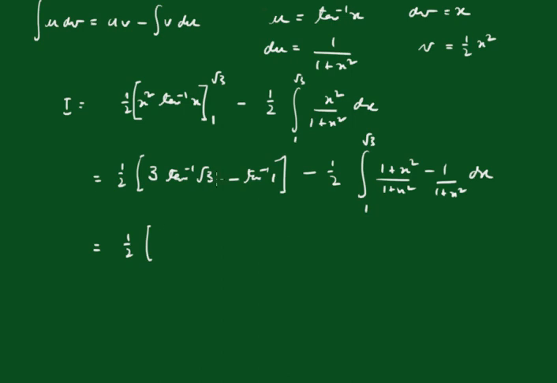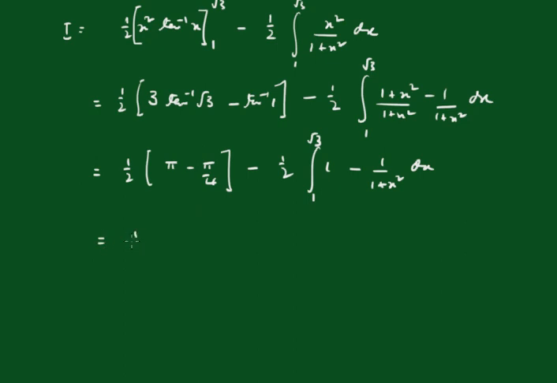Now the inverse tan of root 3 is pi upon 3, and the 3 will cancel, you just get pi, and here that's going to be pi upon 4, minus a half, between root 3 and 1, of 1 minus 1 on 1 plus x squared dx.